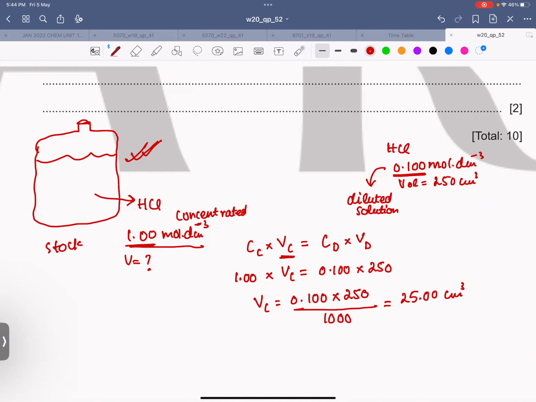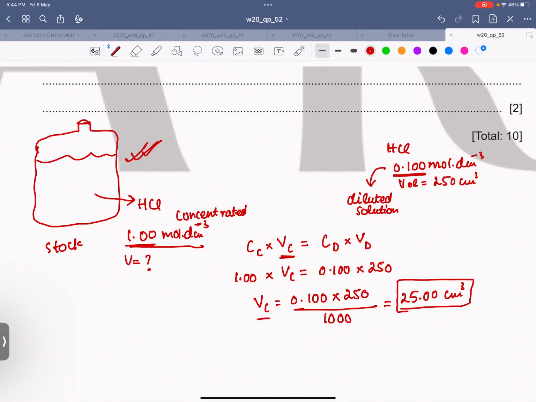In the same way, measuring cylinders and beakers all have units in centimeter cube only. Okay. So I have got the volume: 25 centimeter cube of the concentrated solution is needed. Is this clear to everyone? Is this part clear or not?